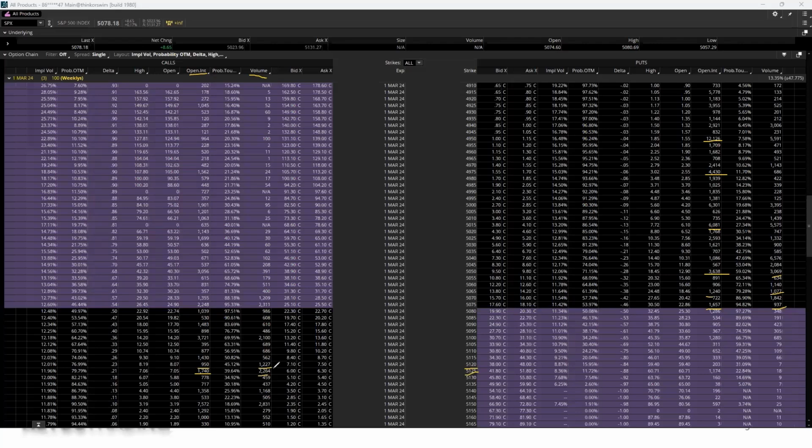These could be speculative bets on a run up in the S&P following the reports that are due out. Not extremely notable, but we're seeing it on the call side, not really so much on the put side.